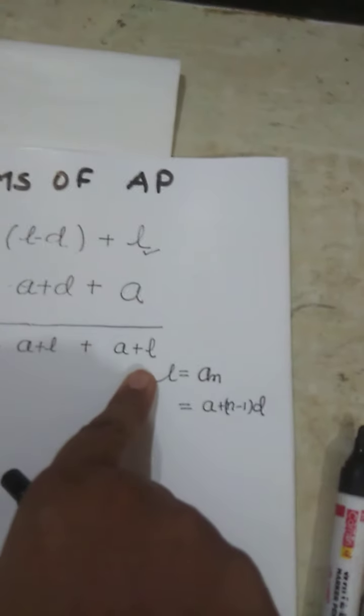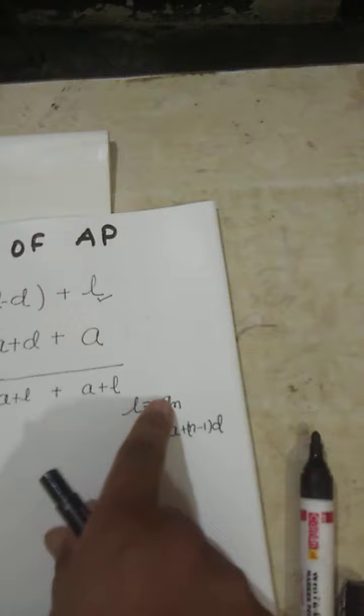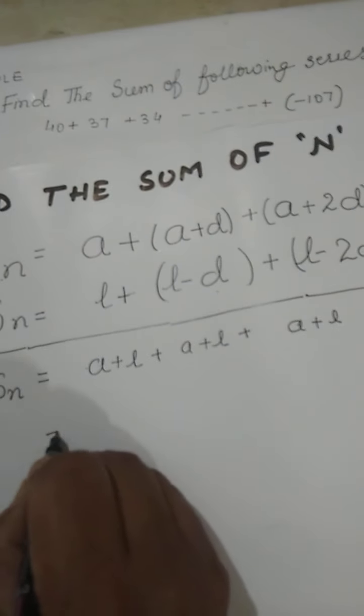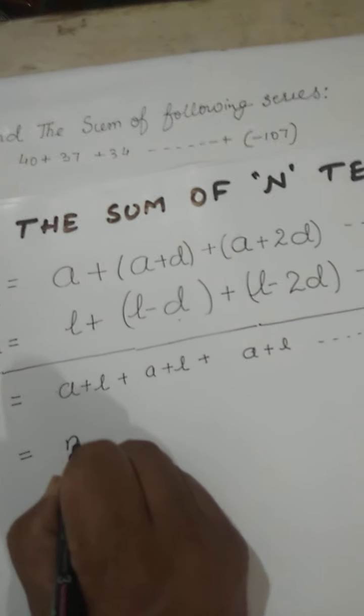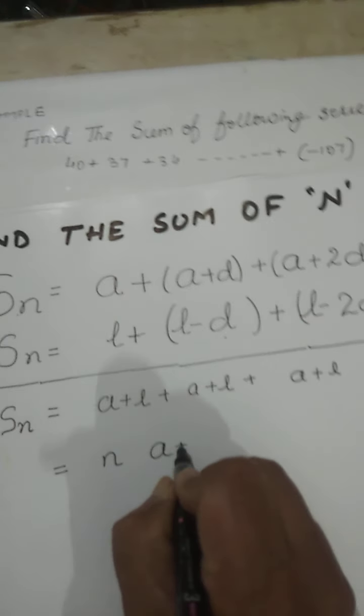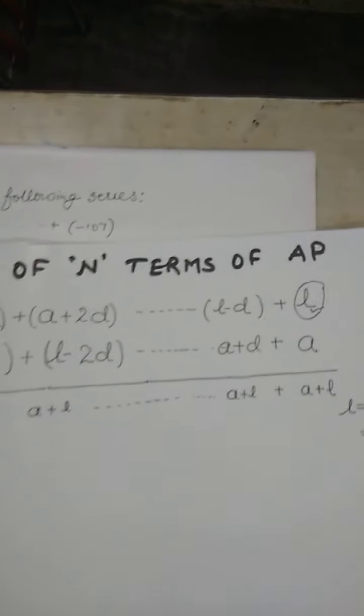Maybe this last value is infinity. Are you getting my point? Here it goes on, a plus l, a plus l, a plus l. So when we add here, this is n times a plus l. How many times? n times, because it is the sum of n terms. So this is my nth term.